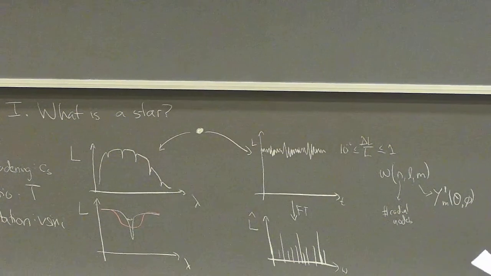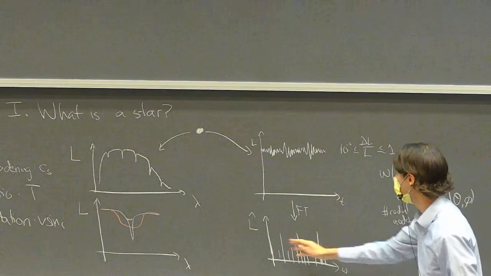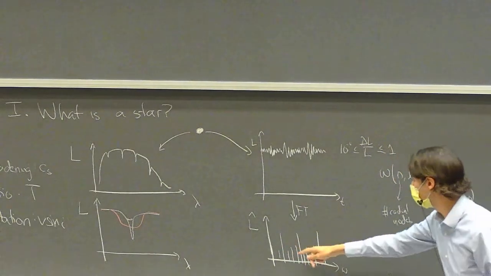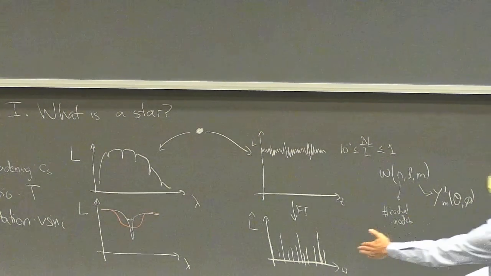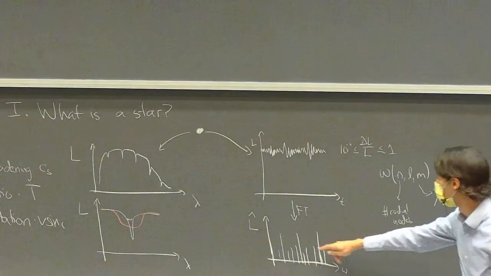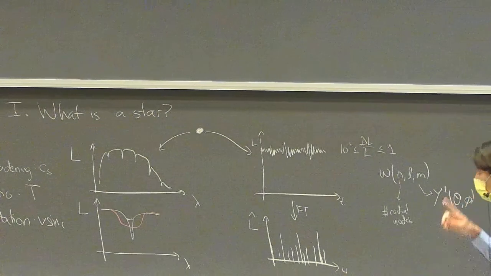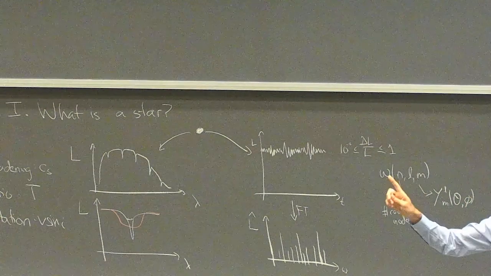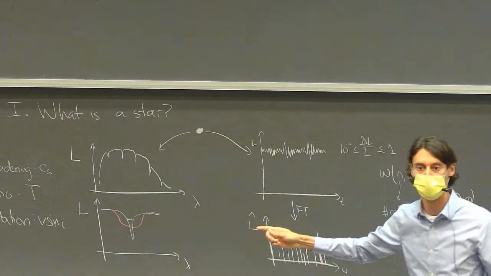Okay, so there becomes a game that you can play: you see all of these oscillation frequencies, and you try to figure out what's the structure of a star that would give you these oscillation frequencies. And it can be very useful to try to identify for each of these what's the N, L, and M associated with them. Now, a big disadvantage of these dots of light is that they're not spatially resolved.